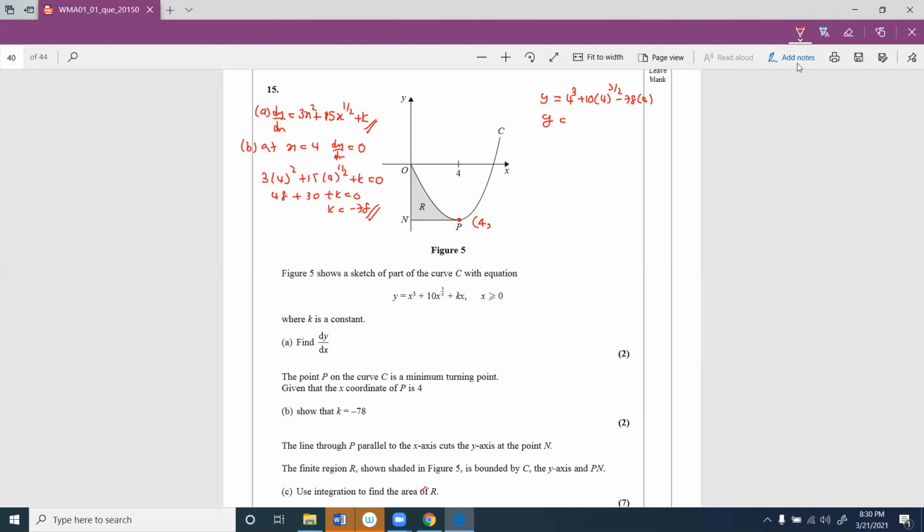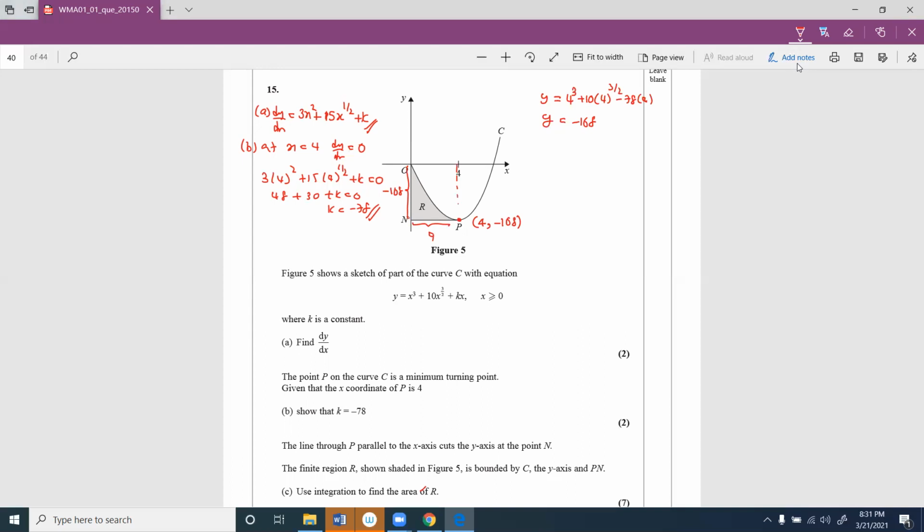4 to the power 3 is 64, plus 10 times it, which is 80, minus 78 into 4. You get the answer minus 168. This means this height is minus 168, and this length is 4.